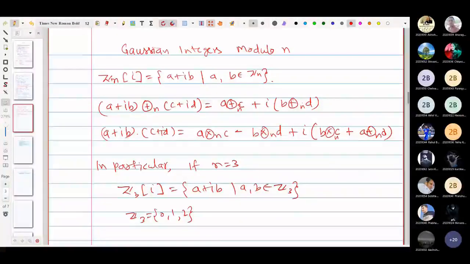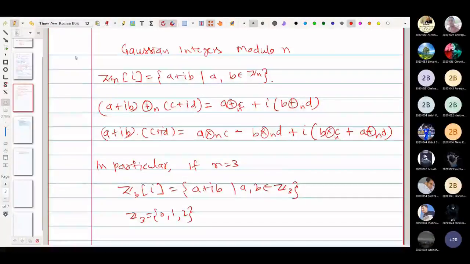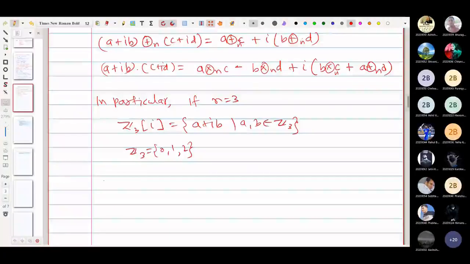So how many elements are going to be in this? I think 8 elements in Z3[i]. These a and b have choices from Z3. So you can take everything 0, so you will get 0 here.